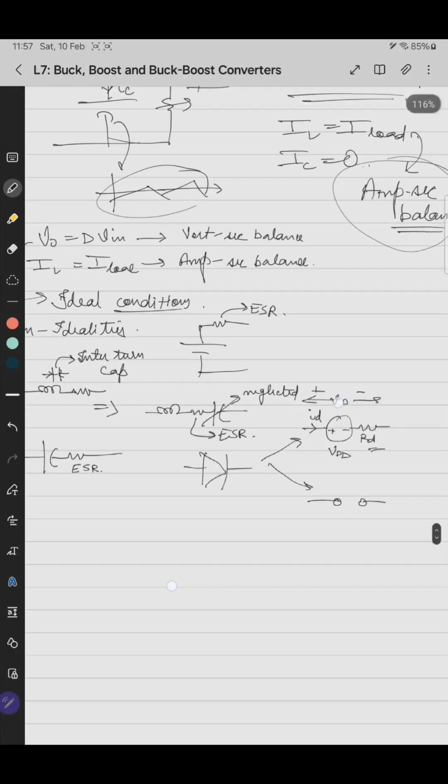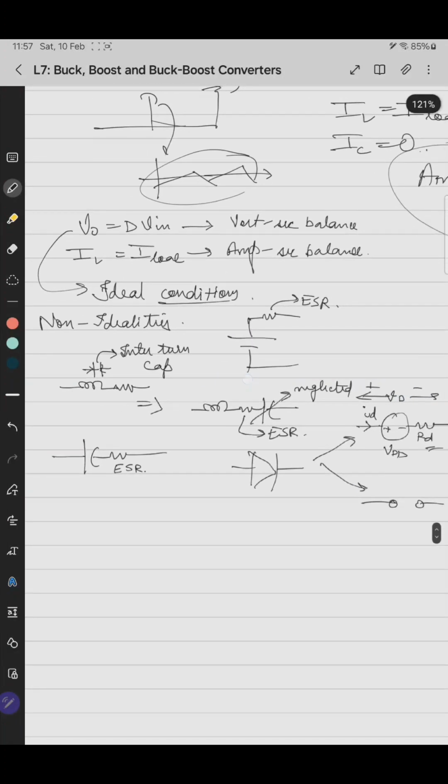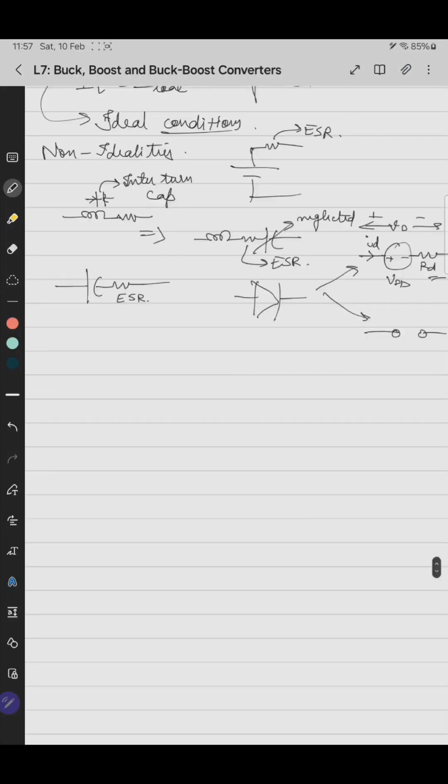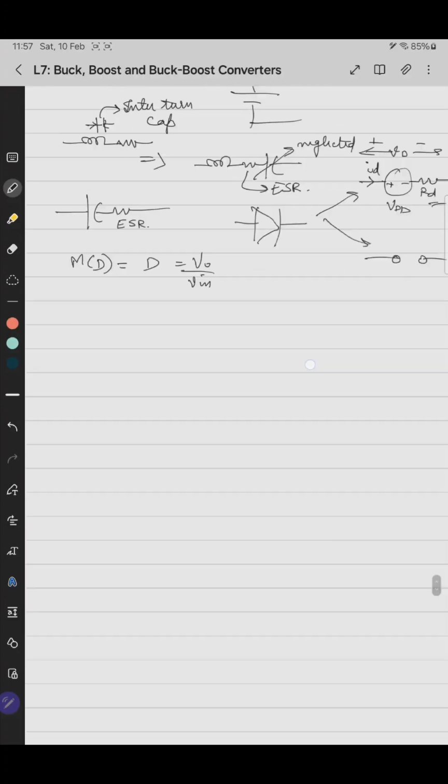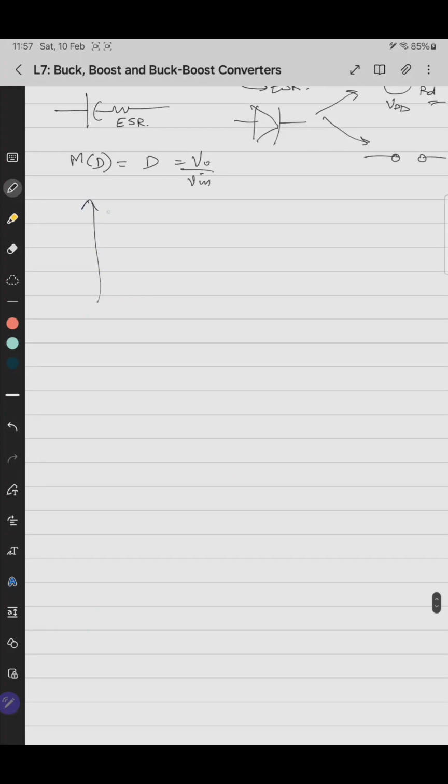By avoiding all the non-idealities, we get V0 equals D Vin from the volt second balance. So if we plot the relation, let's say M of D equals D, that is V0 by Vin, it is a linear slope.